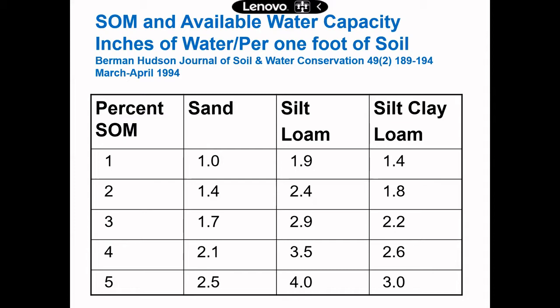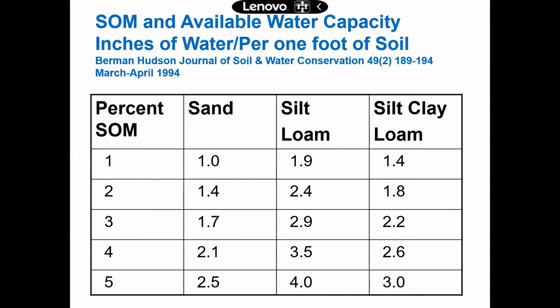So if you go all the way to the bottom, now it's pretty hard to get 5% organic matter on a sand, but based on this research, 5% organic matter can hold about 2.5 acre inches of water. If you divide the 5 into the 2.5, that's about a 0.5 compared to 1 at the top where we have 1% organic matter under the sand.